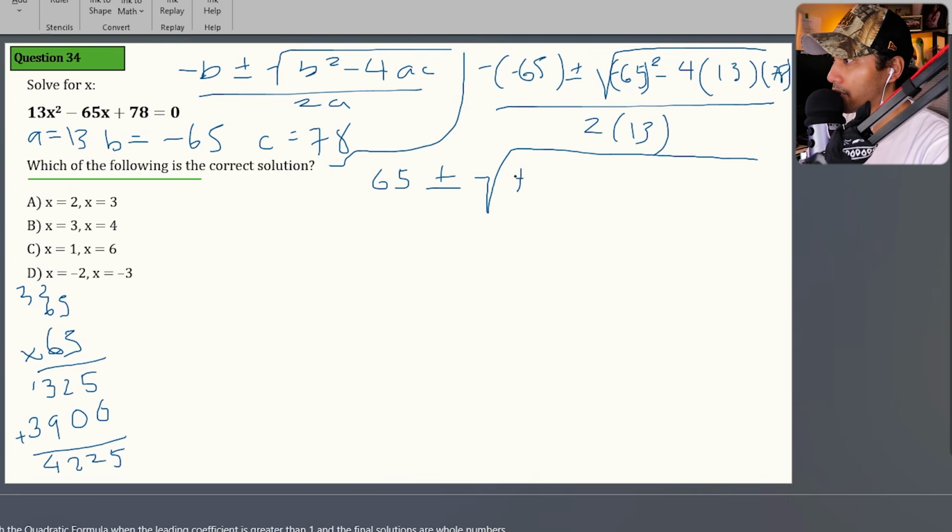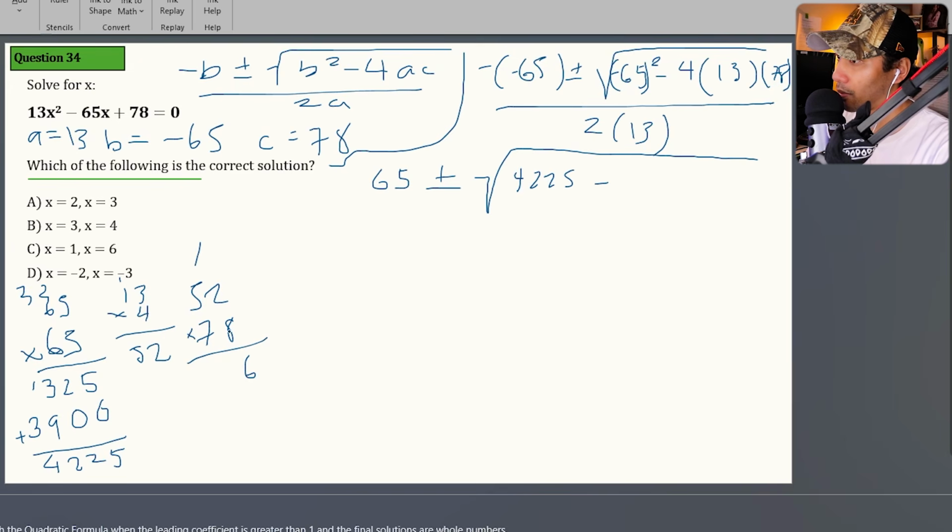So we have 4225 minus 4 times 13, which is 52. 52 times 78, that is 4056. 4225 minus 4056.